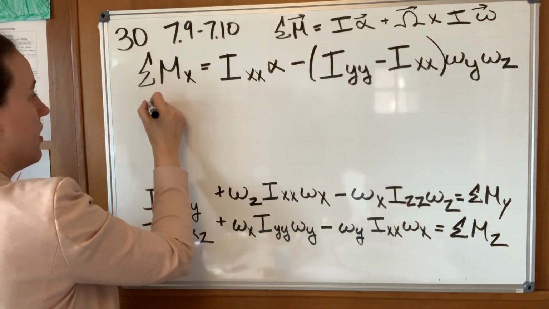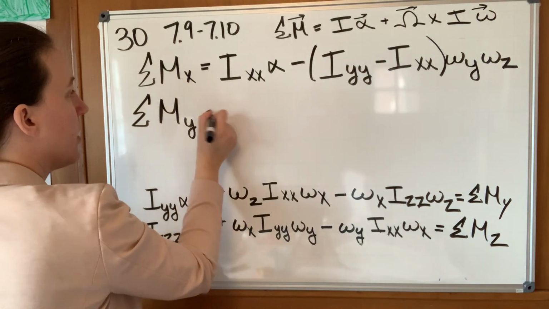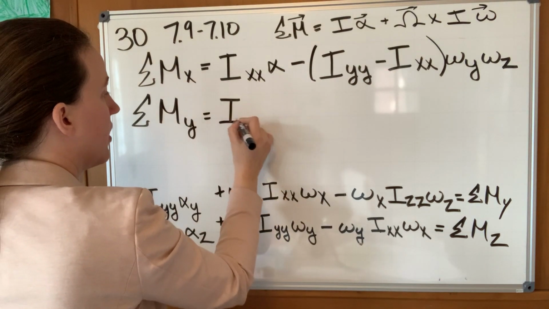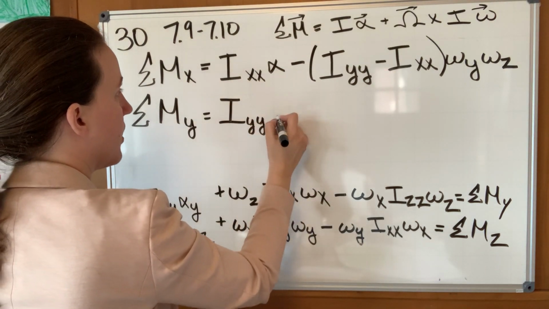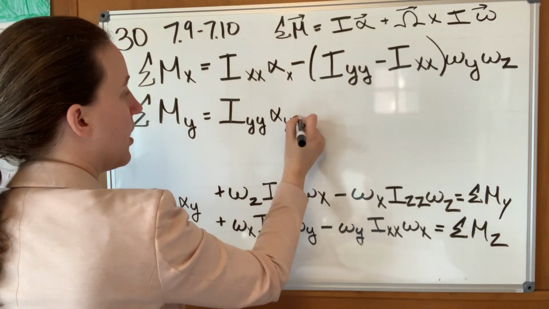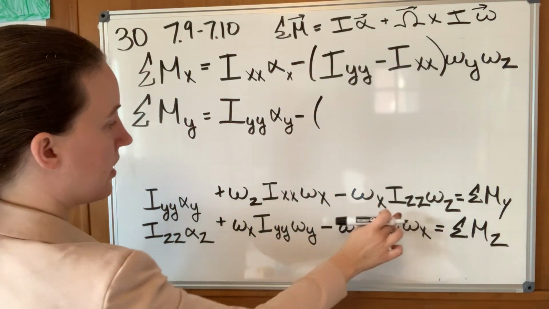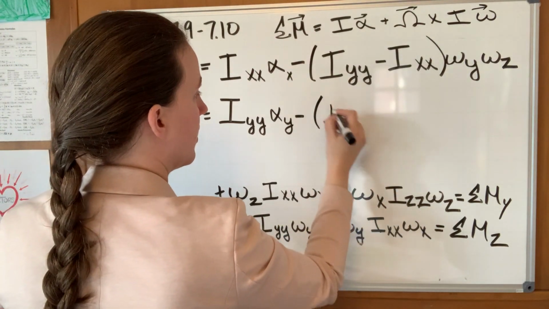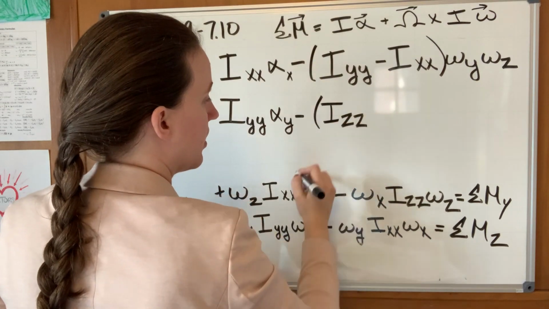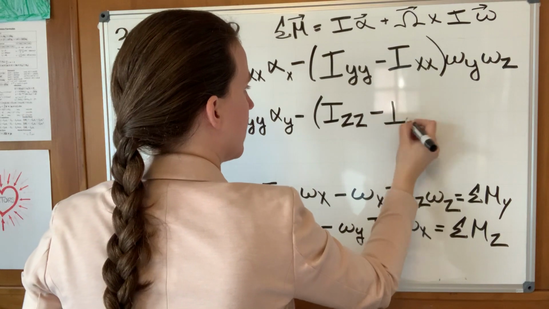So now we're going to have our sum of the moments in the y. We're going to have our I yy alpha y, minus, and now the one that's negative here is I zz, and then the one that's positive is I xx.